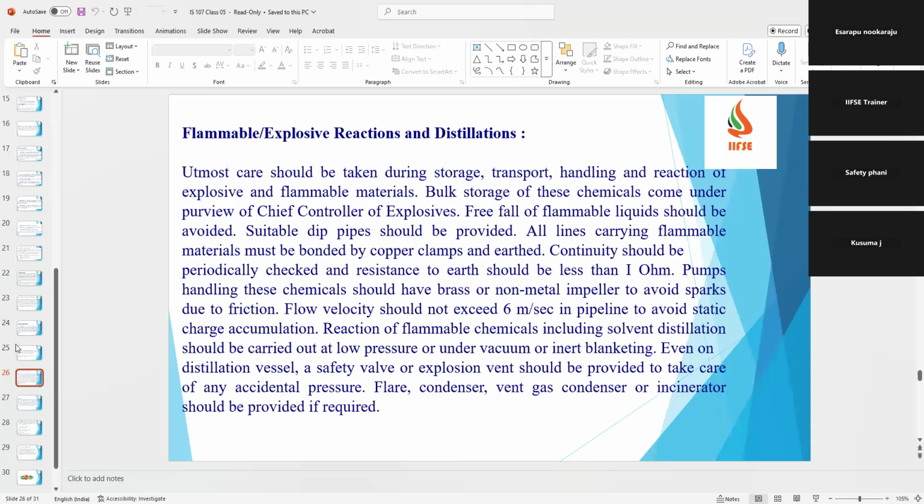Whatever escaped gases or gases released from the process are routed to this flare so that they can be burned off. Otherwise, if you are not burning them off, they can form a flammable mixture in the atmosphere. In case of any ignition source, it can explode.